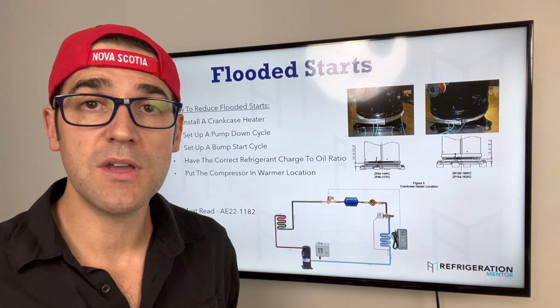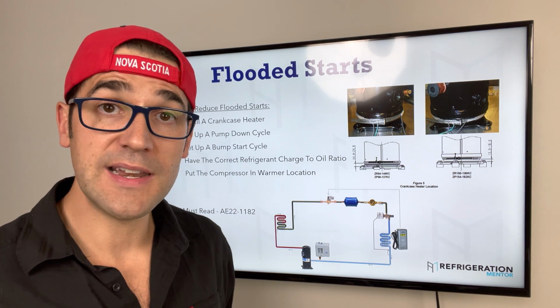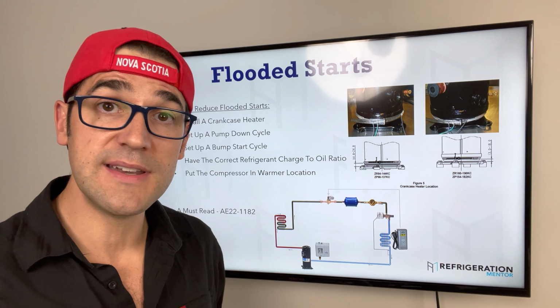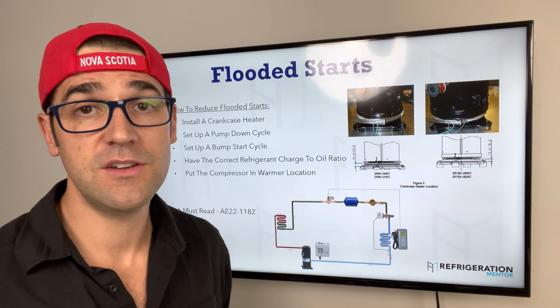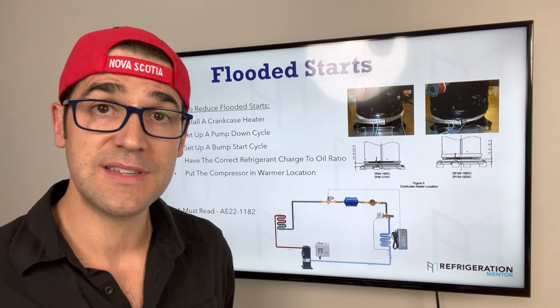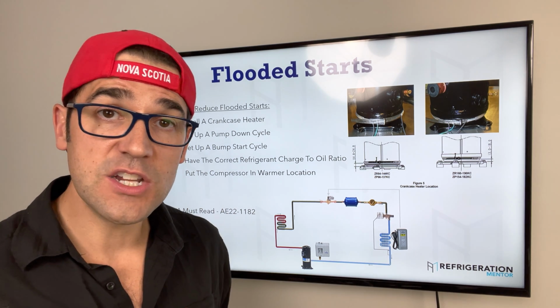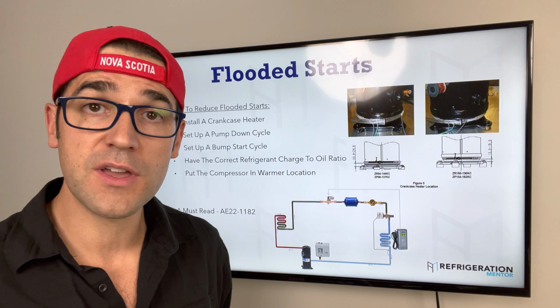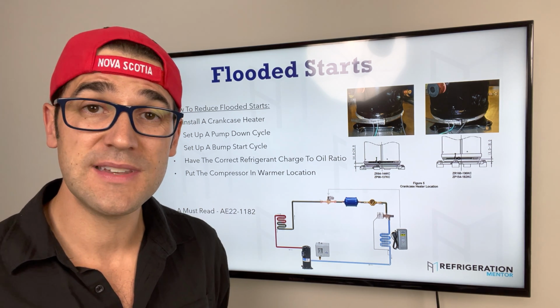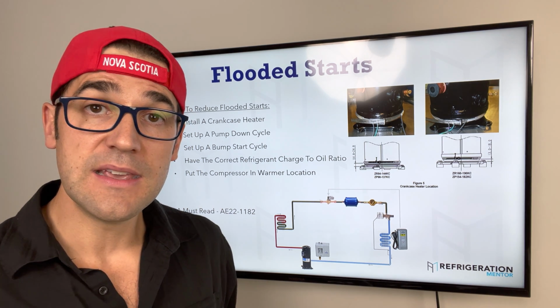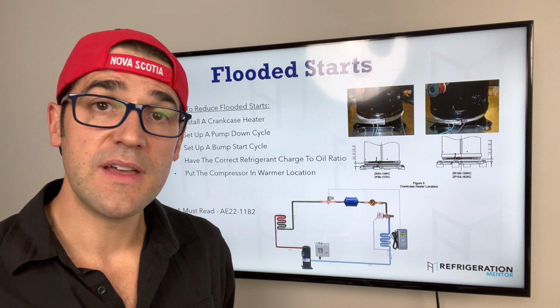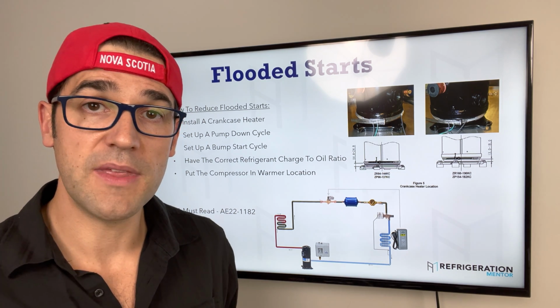But you still need to be aware, because on the high side, refrigerant can still travel from your condenser and receiver back into your compressor, into the head of your scroll. So you may need to add a discharge check valve, depending on the compressor itself and how much refrigerant is in that system. If you don't, you could have an issue with liquid getting in on top of the head of the compressor.